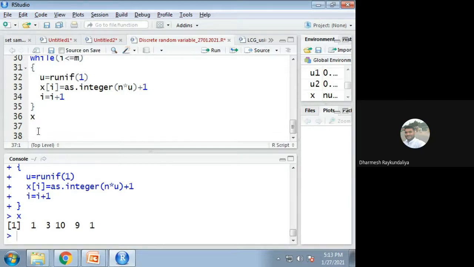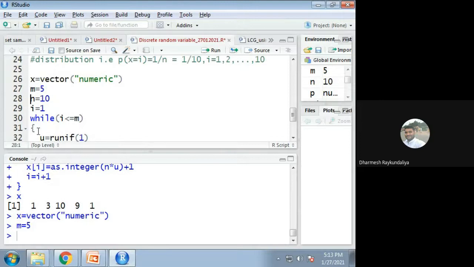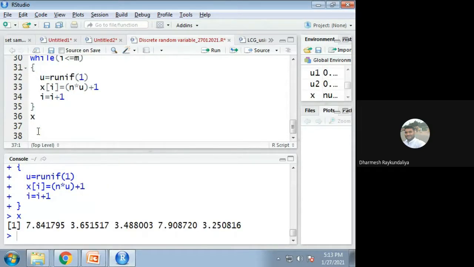If I am not giving as.integer, what happens? It is giving a fractional value.